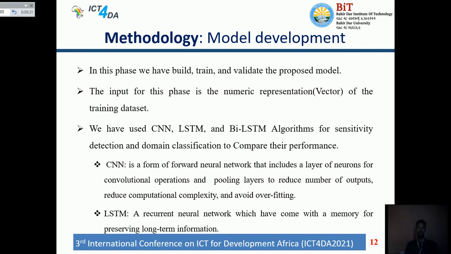We have also used 3 deep learning algorithms for the sensitivity detection and domain classification part, which are CNN, LSTM, and BLSTM.